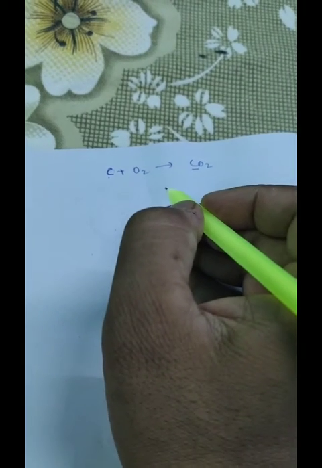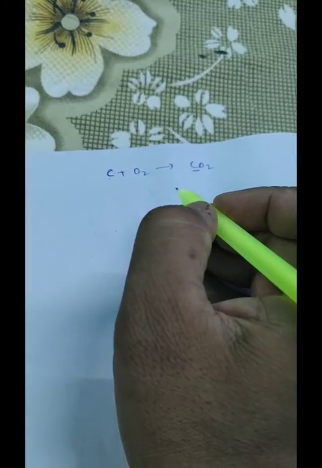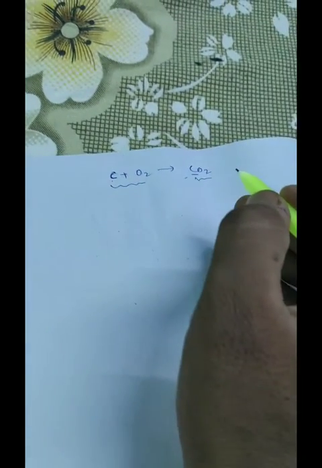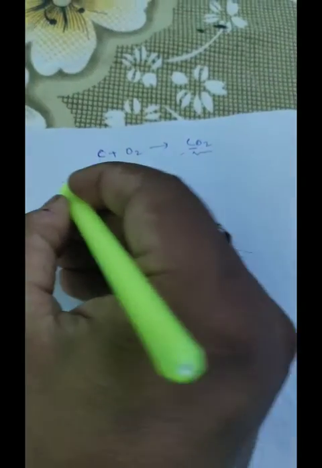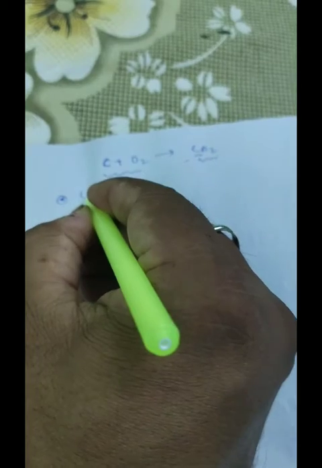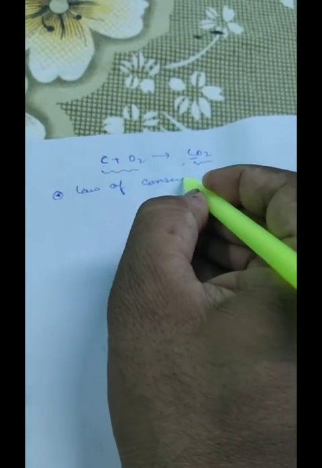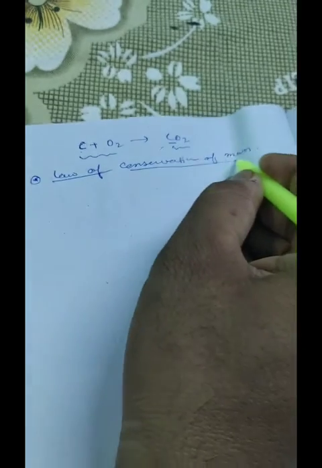It proves the total mass of the substances on both sides of the chemical equation is the same. Mass of these two is equal to the mass of this one. Thus, a balanced chemical equation follows the law of conservation of mass.